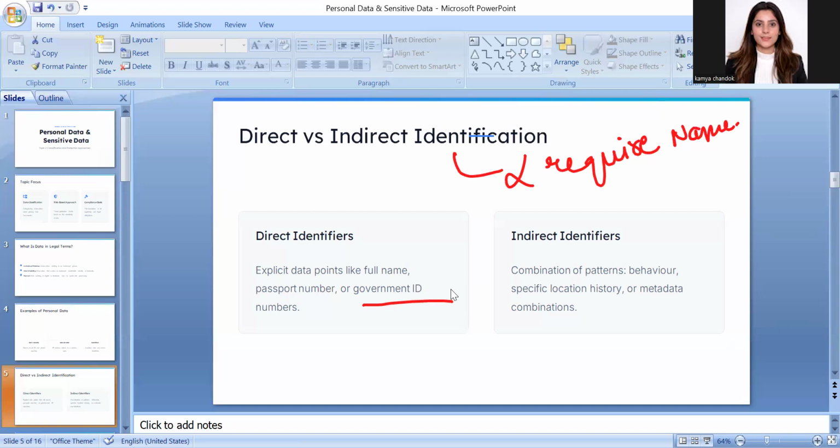For example, a data set without names but with precise location, browsing patterns, and purchase history can still identify a person. This is why anonymity is legally important later.